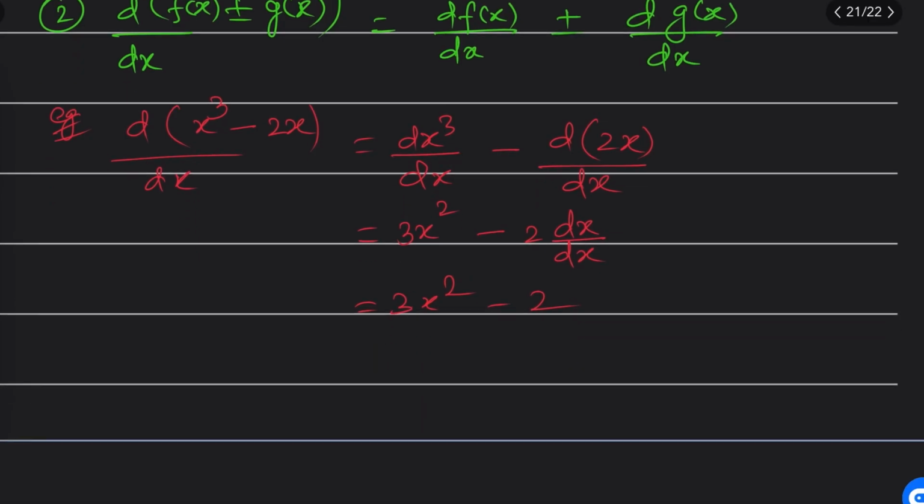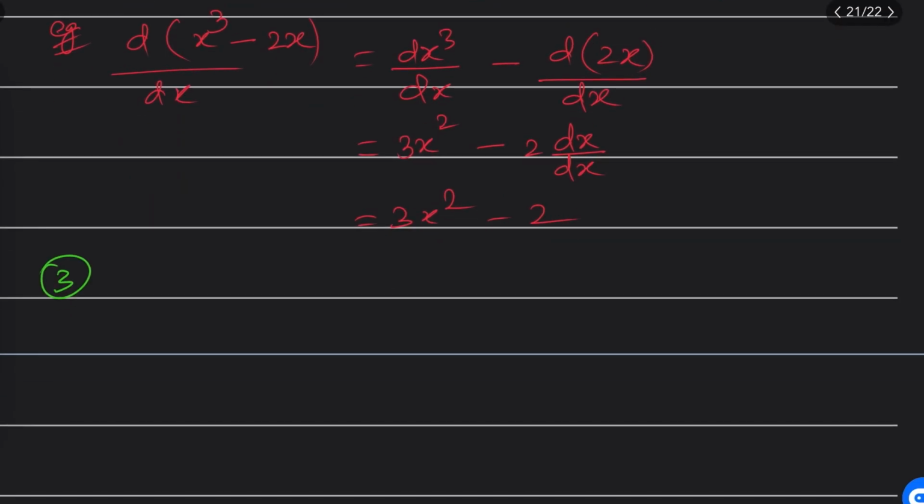Okay. Next is rule number third. Rule number third says that if you have two functions in multiplication, sorry, my mistake, they are multiplied to each other, then how to write the differentiation formula?